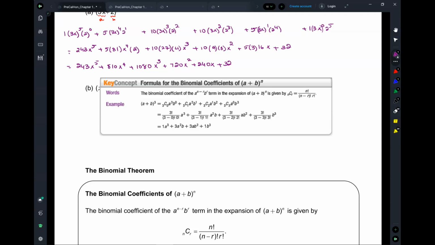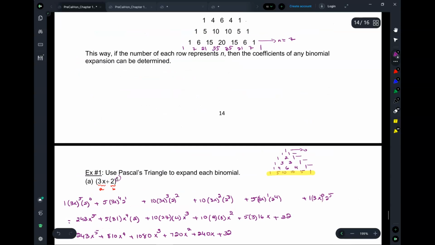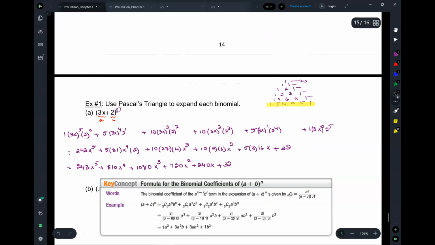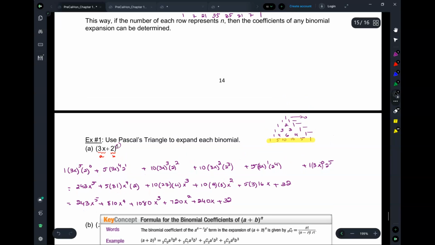Why don't we solve B over here, like in the page previous? Okay. It's x minus 2y to the power of 6. So B, we're going to go over here, is x minus 2y to the power of 6.